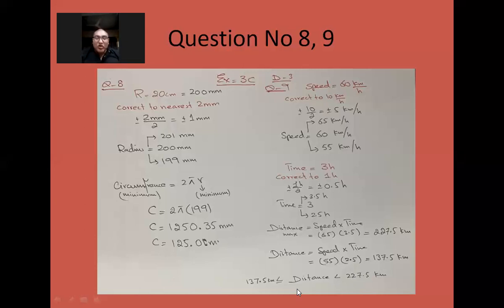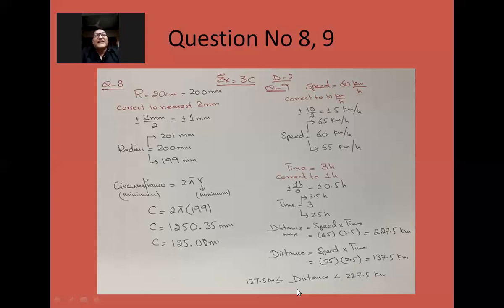So now I know the upper and lower bound of the speed, and I know the upper and the lower bound of the time. Their question is basically, you have to find out the distance traveled, the maximum distance traveled, and the minimum distance traveled. It means you have to find the upper bound and the lower bound of the distance traveled. So the distance is equal to speed multiplied by time.